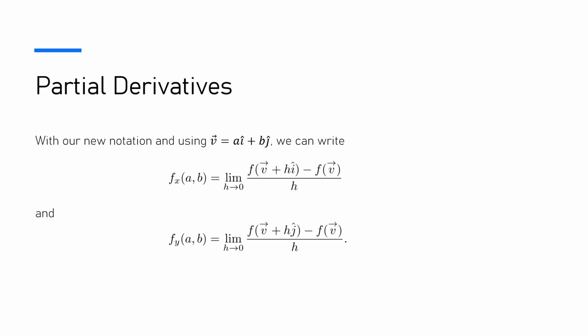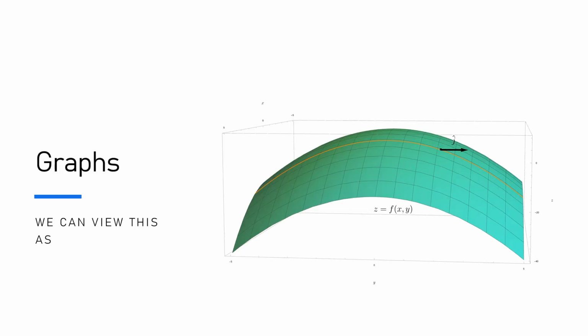So we can view this graphically. This orange curve here again is the curve where we fixed an x value and the y values are changing. I've graphed the vector j here.